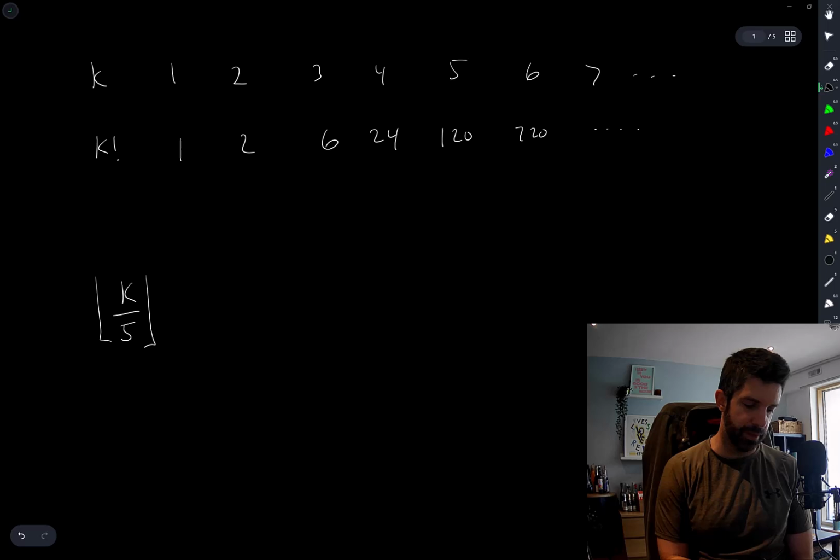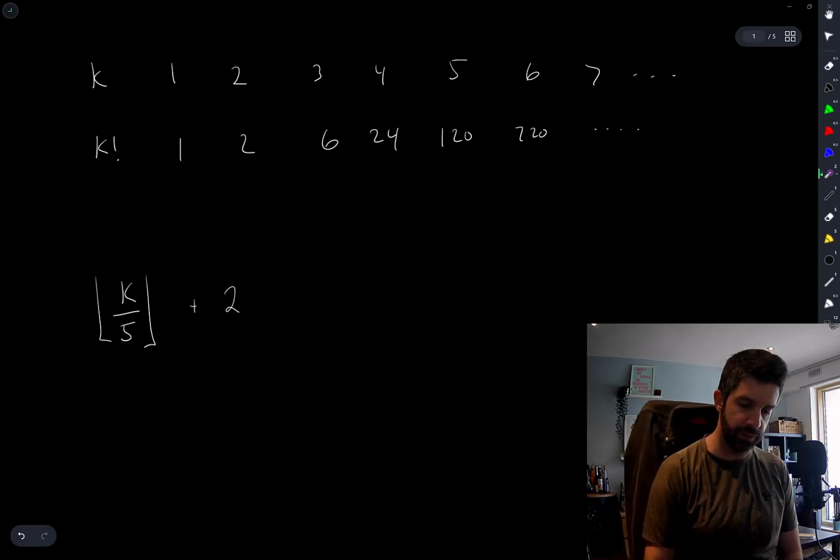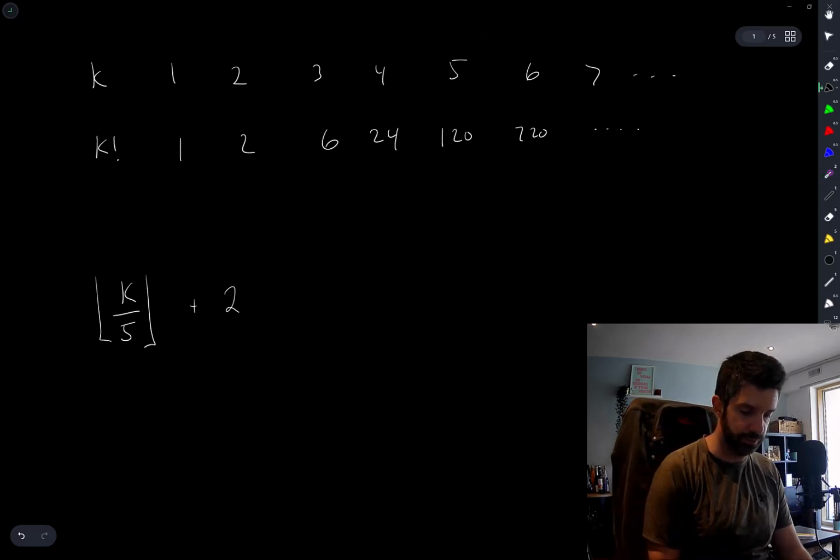But I have to remember that when I increase k beyond a multiple of 25, I get 2 factors of 5.